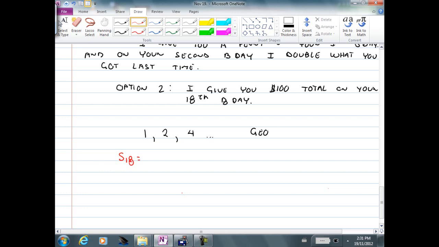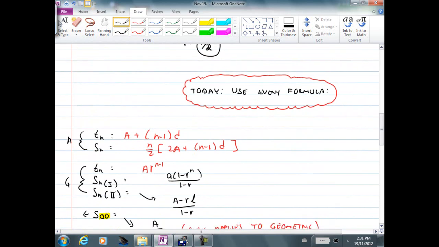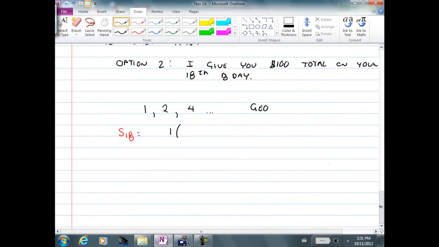Okay, plug in my formula. If you don't know what the formula is, go back to my notes. 1, open bracket, 1 minus r, which is 1 minus, what's the r value? 2, to the power of 18, over 1 minus 2.